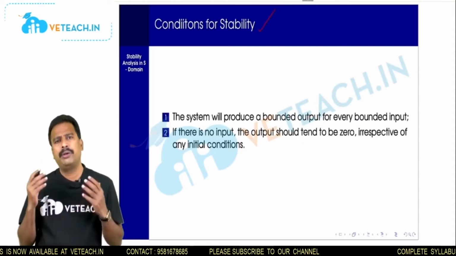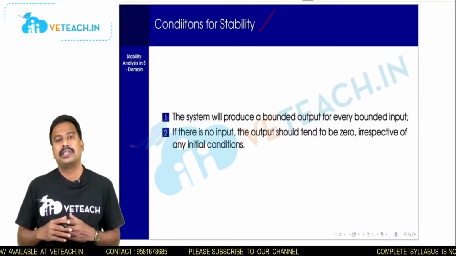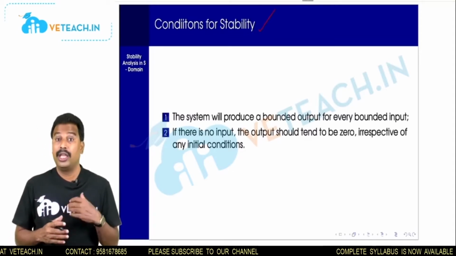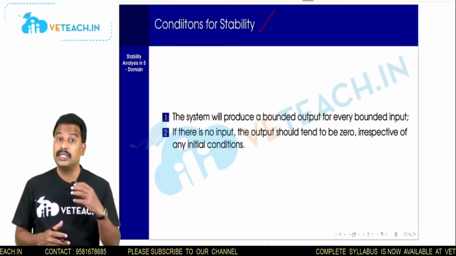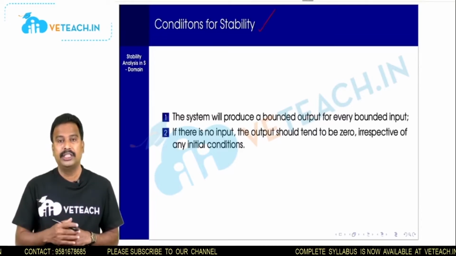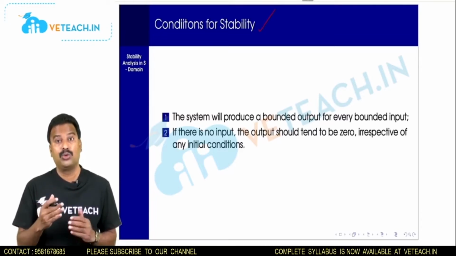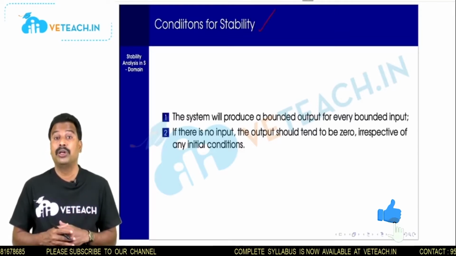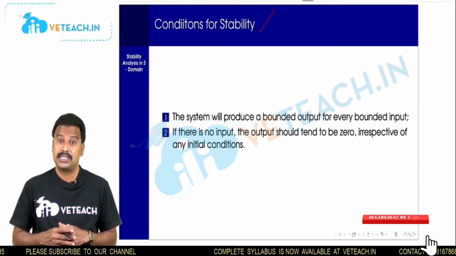The system output must reach 0 if it is subjected to a 0 input. So these are the two conditions to be met by a system to be stable. But it is not always possible to have a system to be stable.